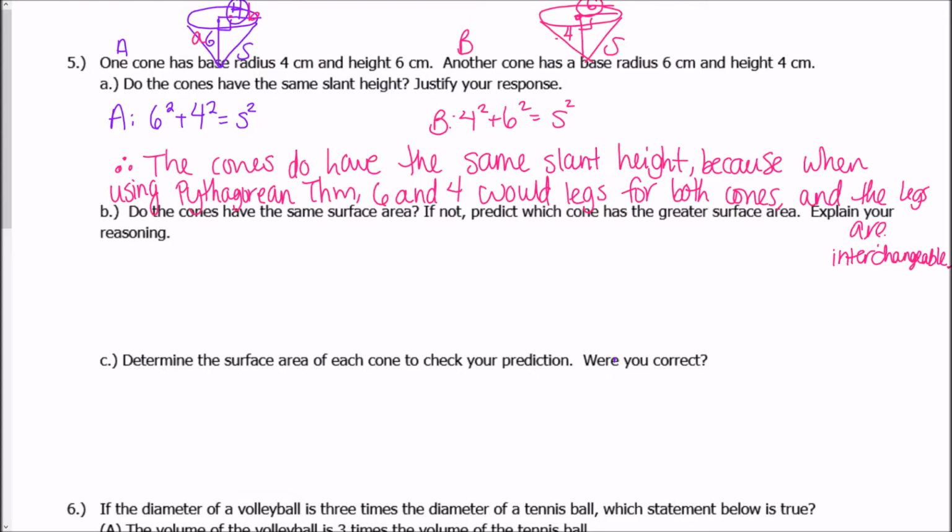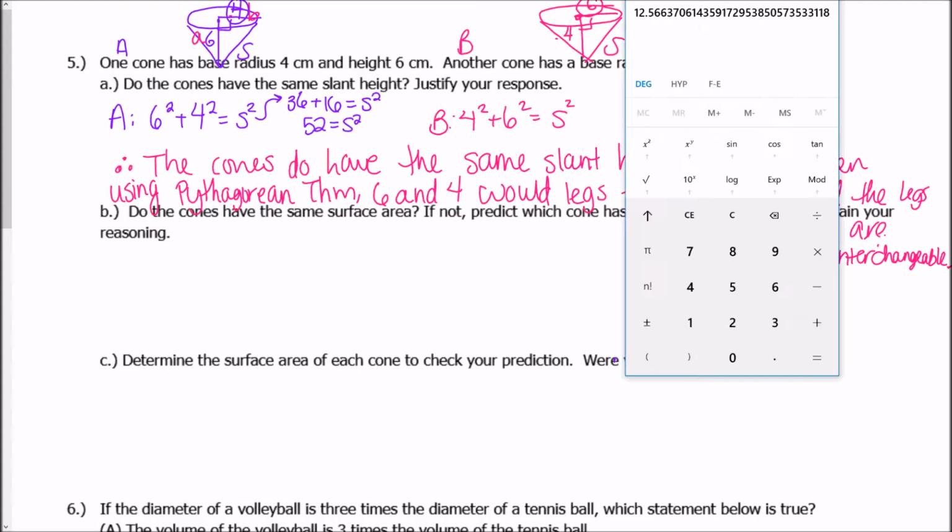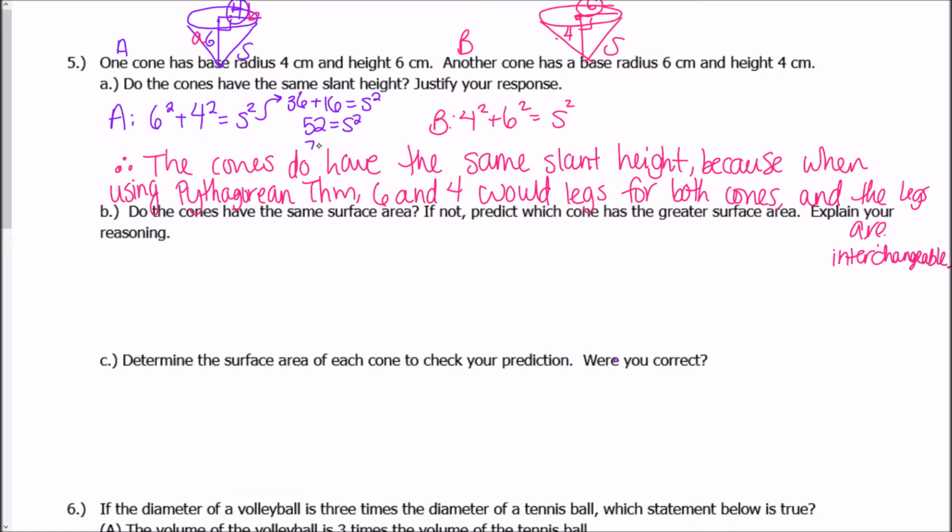Now, if you don't believe me, let's actually go ahead and solve it because that's going to be useful in the future anyways. So 6 squared is 36, 4 squared is 16, equals S squared. So when I add these together, I get 52 equals S squared. I'm going to square root 52, and I get 7.211, so that means that S is 7.211.